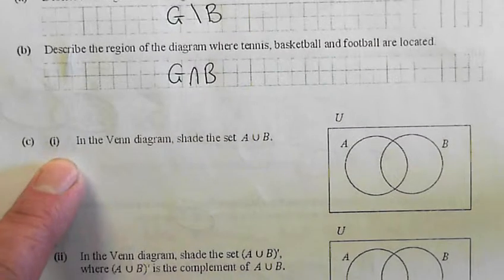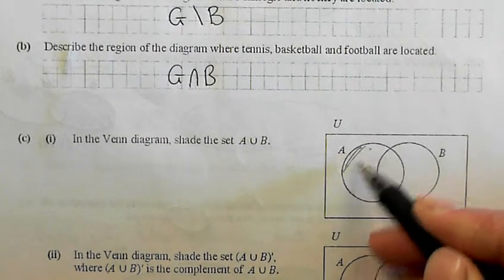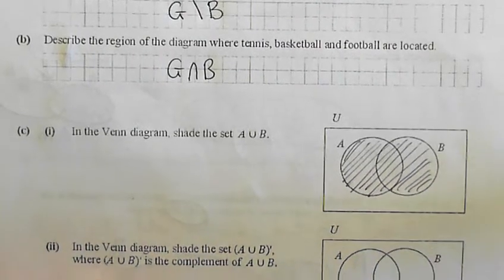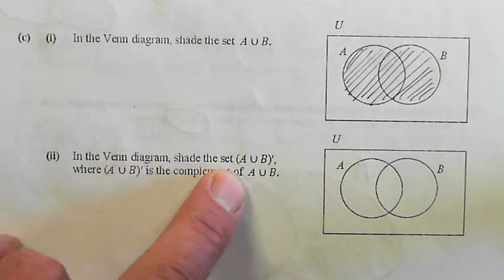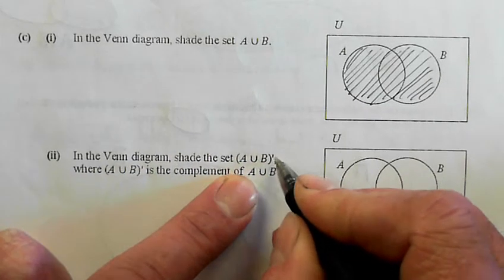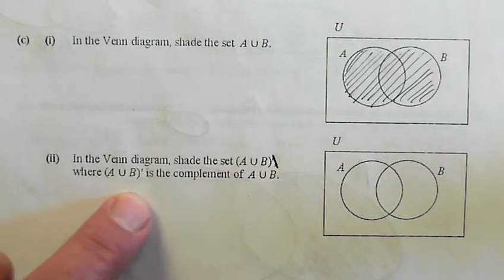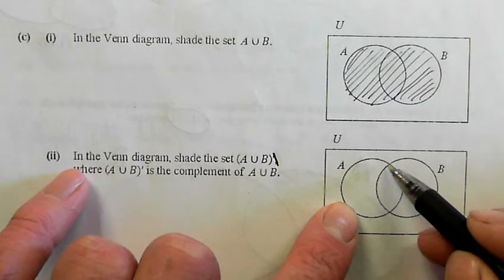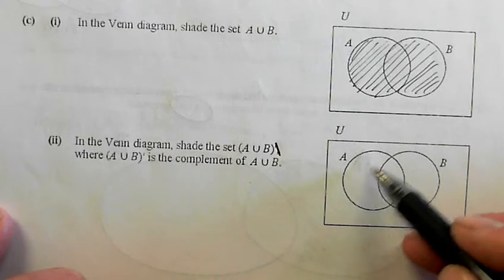Right, C. In the Venn diagram, shade A union B. All of it. In the Venn diagram, shade the set A union B less. See that that little dash also means that, basically. Right. So A union B is all of the circle here.